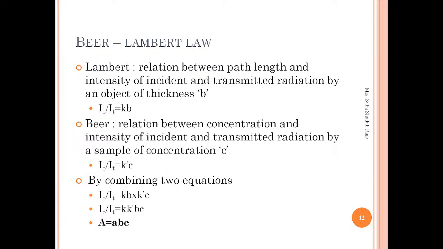B is the thickness and C is the concentration. This A is called the absorptivity of the sample. So we can say the absorbance of the sample depends on the path length B and the concentration.